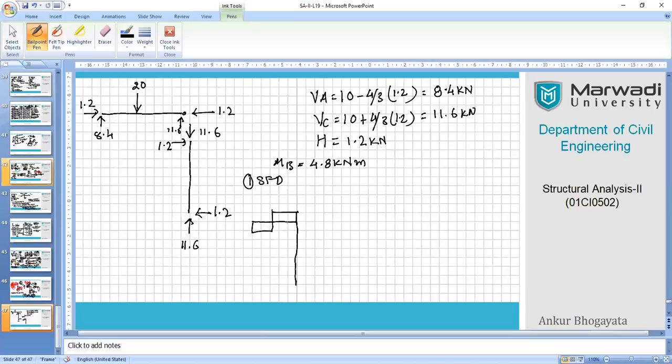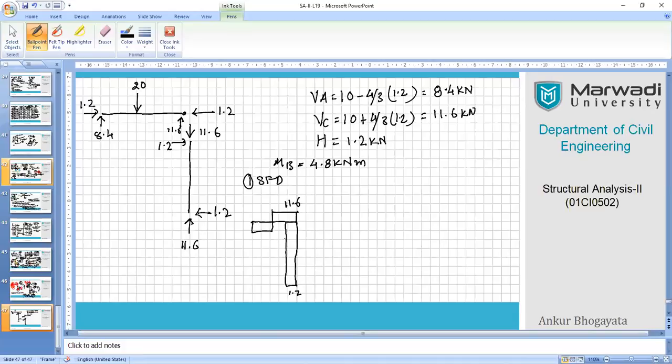So now we have a complete answer like this, because there will be a constant force of 1.2. So this is, you can say, 1.2. On the other side, it has a value of 11.6 vertical, and since it is on this side, it will go below that.